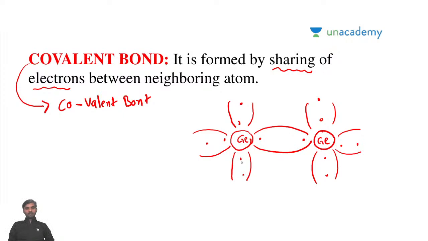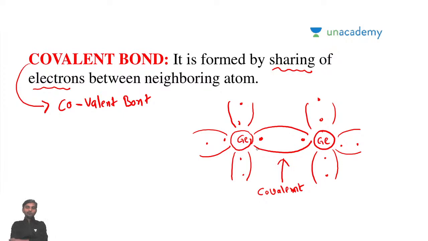See what is happening here. In a germanium crystal, this bond is called a covalent bond. The bond which exists because of the sharing of valence electrons is nothing but a covalent bond.